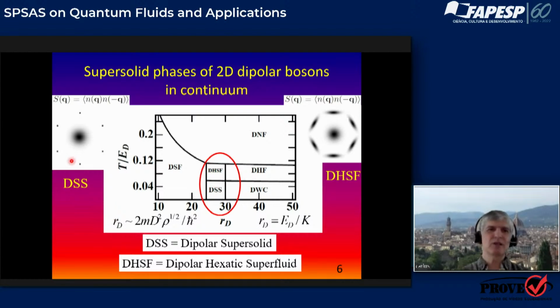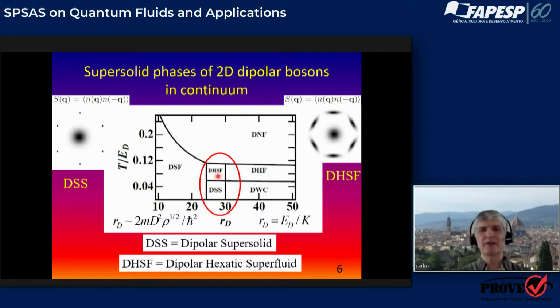A dipolar supersolid, if you look at the Bragg scattering or the static structure factor, you would see for a superfluid some signal centered at Q equals 0, indicating that you have a condensate at Q equals 0. When you develop this kind of supersolid order, you also have a structure of the lattice, with the 6-fold symmetry associated with the hexagonal structure of the lattice in the structure factor.